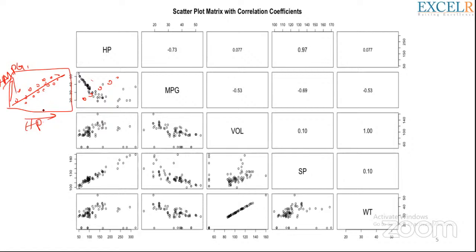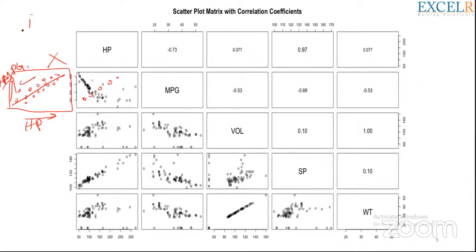Now this has to be validated by the domain experts. In the vehicle domain, is it so? No, this is wrong. It doesn't happen in vehicles, right? Because as HP increases, the MPG has to go down. It doesn't increase. If you happen to see this kind of association, there are two possibilities.